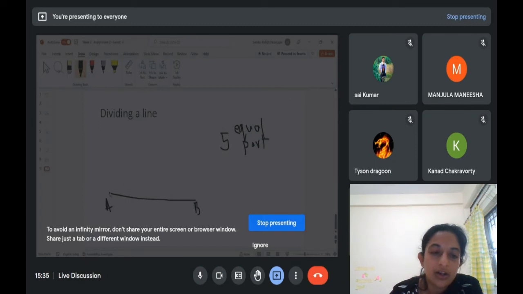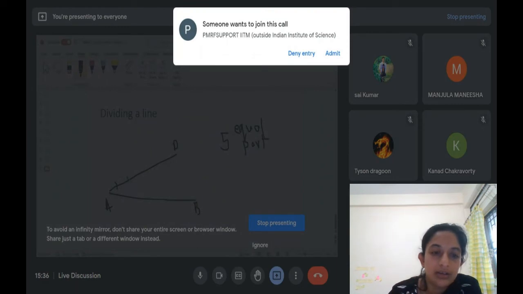It says draw an arbitrary line starting from point A, let us say a line AD, and with the compass we mark points 1, 2, 3, 4 and 5.